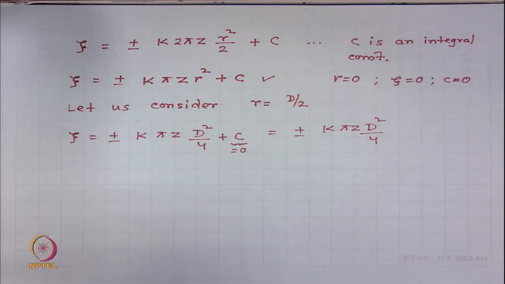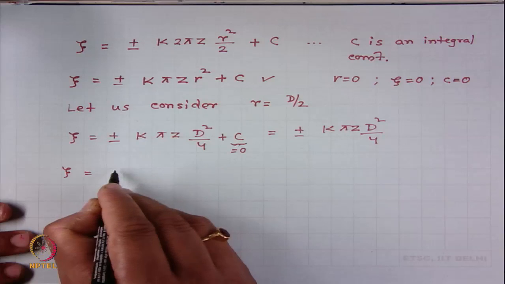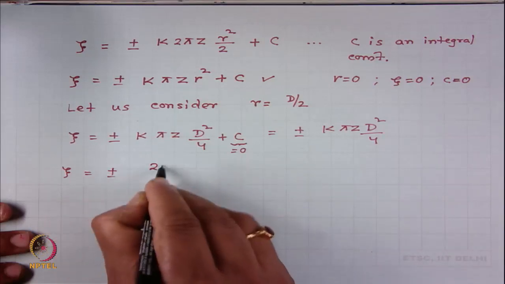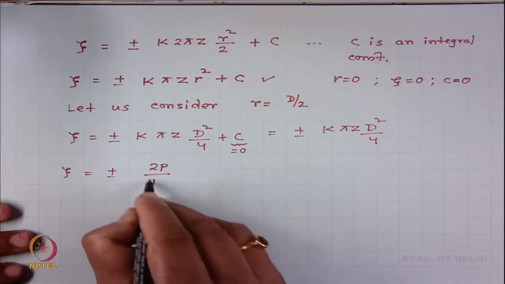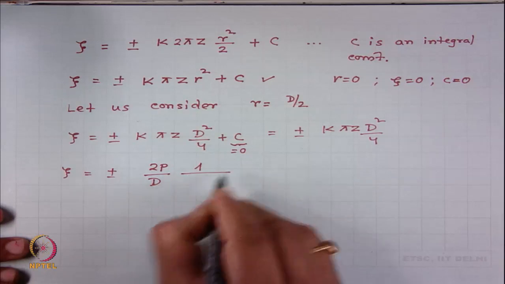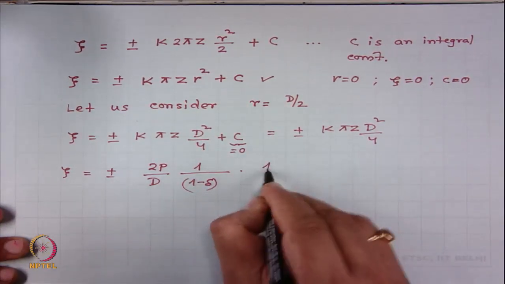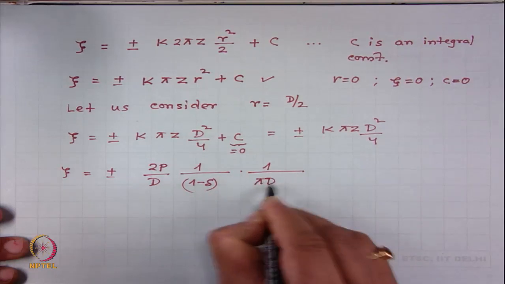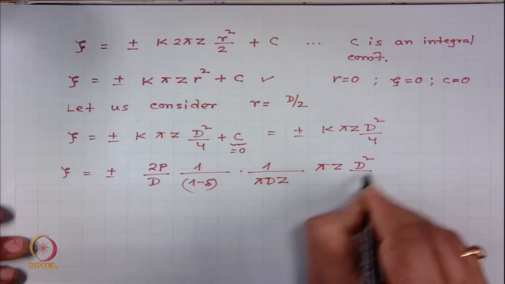What is k? K was 2p by d into 1 by 1 minus retraction into 1 by tangent of beta d. Tangent of beta d is pi d z into pi z d square by 4.